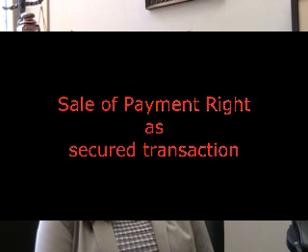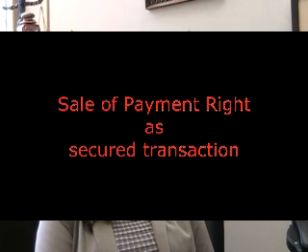So when you sell, let's say, accounts, Article 9 treats this sale as a secured transaction. And it treats the seller as the debtor and the buyer as the secured party. And the reason for this is that in case the seller sells the accounts twice, he sells to buyer number 1 and then he turns around and sells the same accounts to buyer number 2.